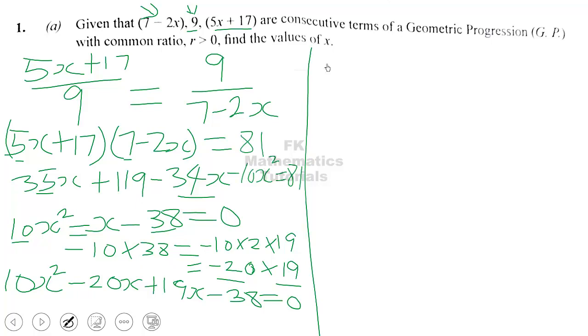So 10x out, then I have x minus 2. Then we have positive 19 out. Then we have x minus 2 equals 0.